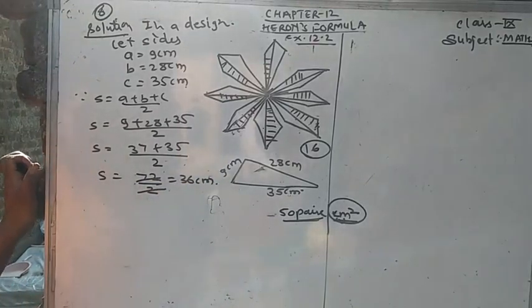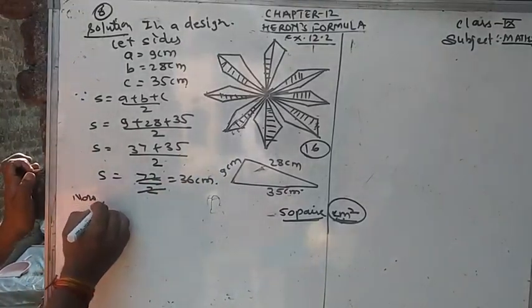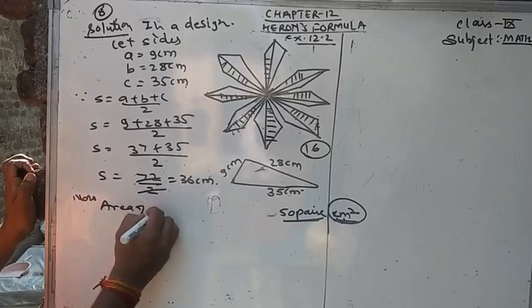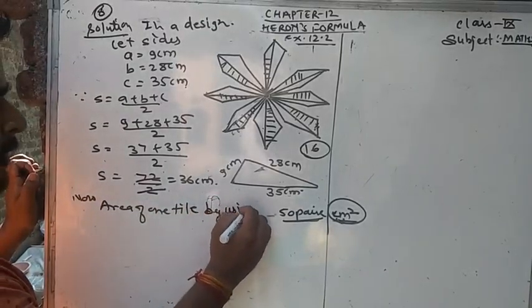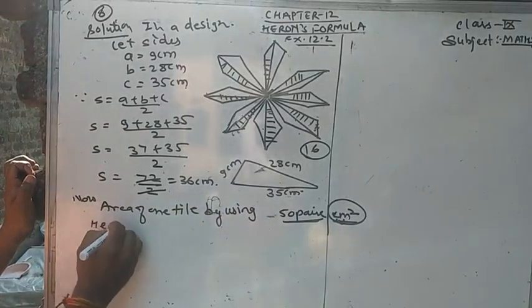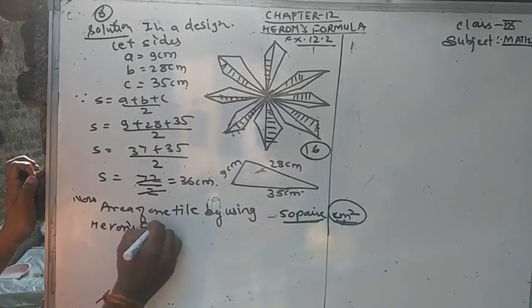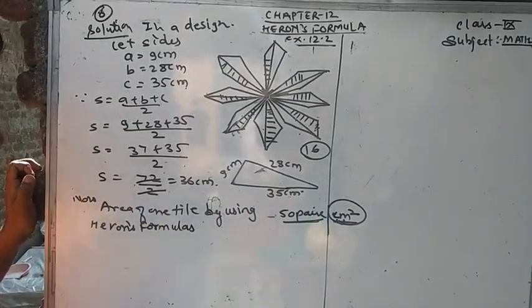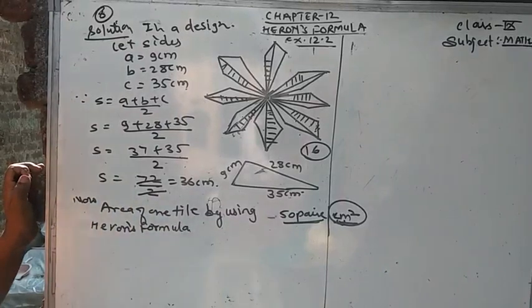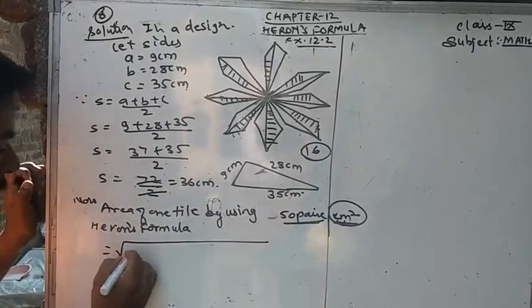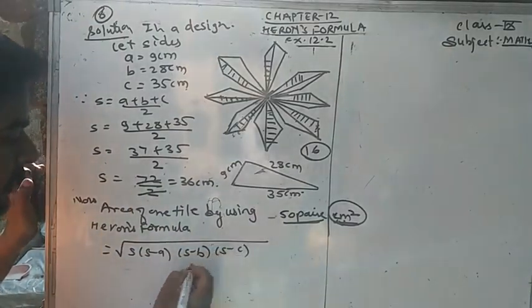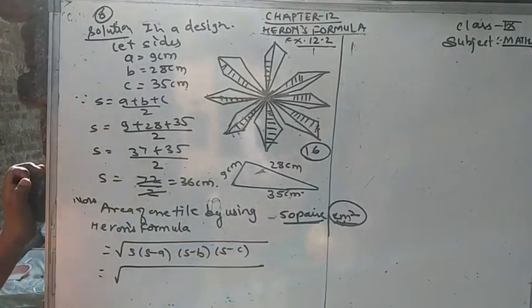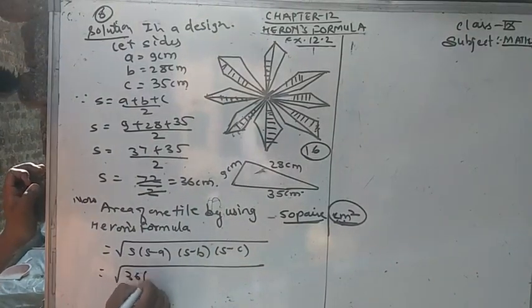That is the semi-perimeter. Now the area of one tile, by using which formula? Heron's formula. We will calculate the square root of s minus a, s minus b, and s minus c. What is s? S is 36.